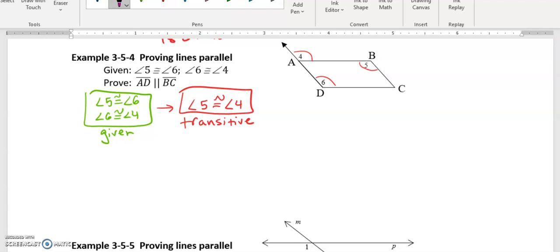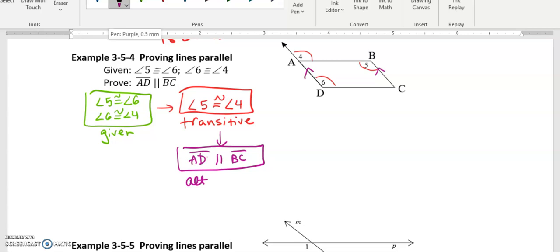And so then from there, we could say that this and this are parallel, which is what we had to prove. Segment AD is parallel to segment BC by the alternate interior angles converse. Because if you were to extend those lines out, that's what you would see. Those are alternate interior angles.